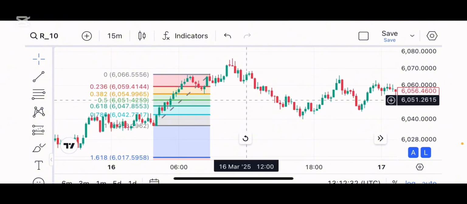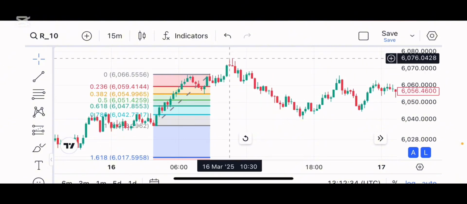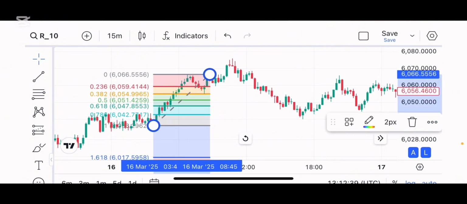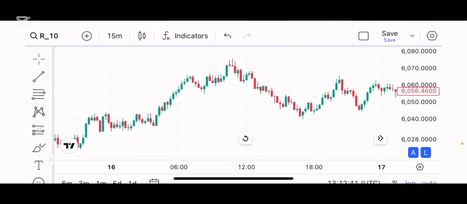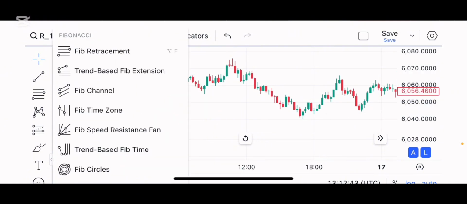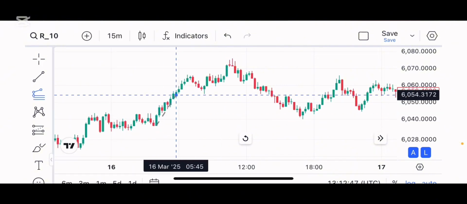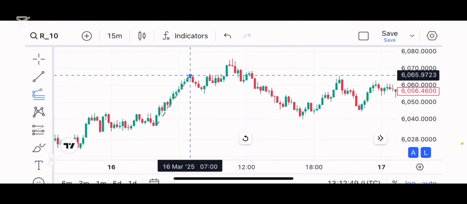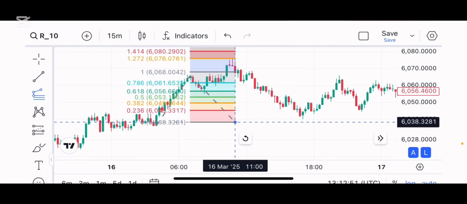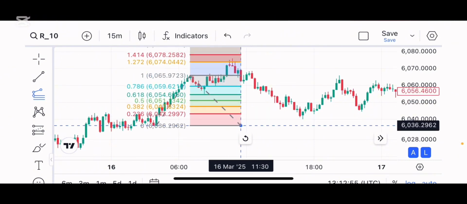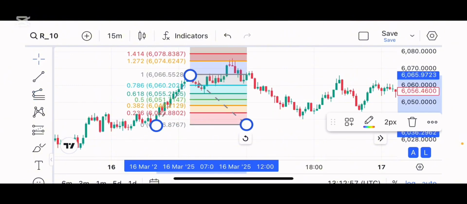The next thing we're going to do is test this leg. I told you how we test that leg: draw a Fibonacci extension from this first leg all the way to this top, then draw it back to the first leg, right?